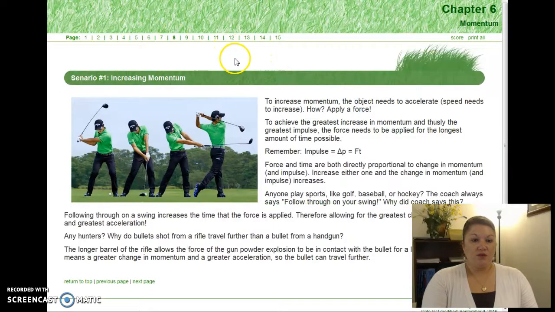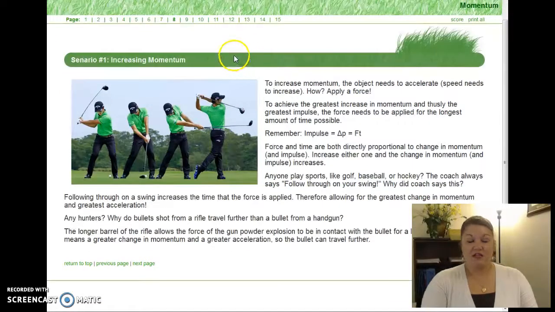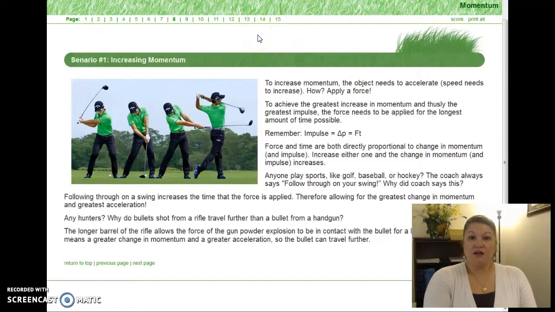Alright. Well, there's different ways we can have a change in momentum. First scenario, increase in momentum. If we have an increase in momentum, that means we're going to have an increase in velocity, which definitely means there's an acceleration. And what causes an acceleration? Well, force. Alright? So to achieve the greatest increase in momentum, you need that force to be applied for the longest time possible.